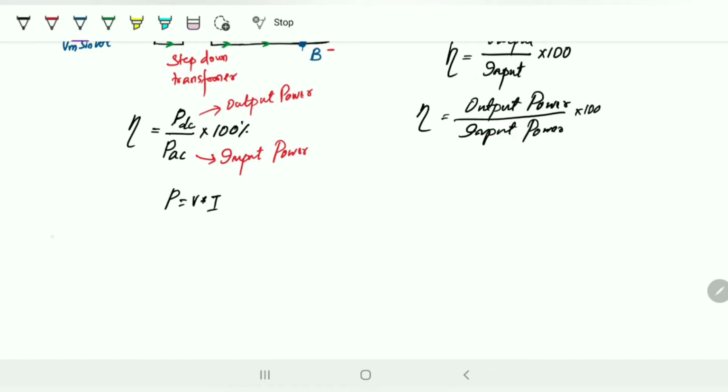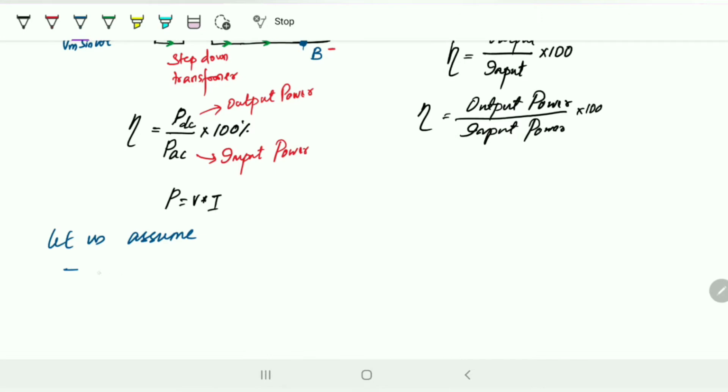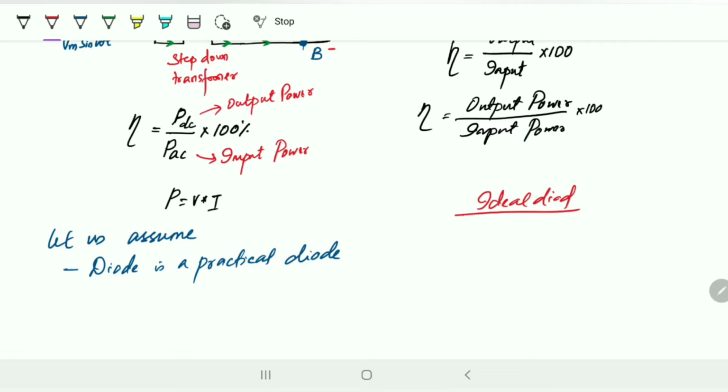In this derivation, let us assume the diode is a practical diode. There are two types of diodes. One, for theoretical purposes, we take as an ideal diode. Usually any conducting device will have an internal resistance. Only if you have an internal resistance, it will act as a conductor.